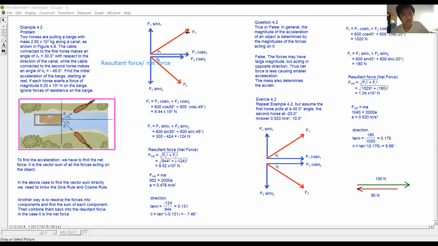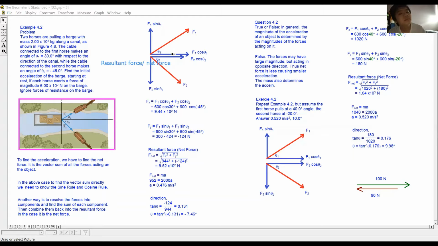The two components are this blue color one here, F1 sine theta 1, and the other component, F1 cos theta 1. Like I have told you earlier, this is 1 ringgit. This 1 ringgit, which is red in color, you have changed into two 50-cent coins.